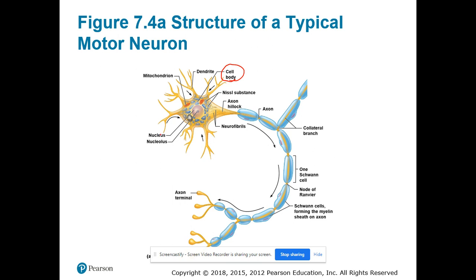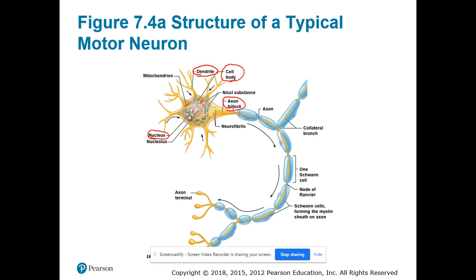In the very middle, there's your nucleus. So I'm going to go ahead and circle that. From there, you have several processes that come off of it. The first process are the ones that stick out over here, and these are going to be called dendrites, and we're going to define that here coming up in another slide. The dendrites will eventually go into something called an axon hillock.